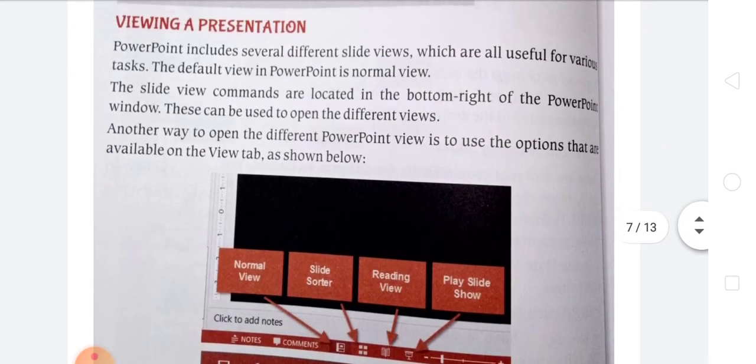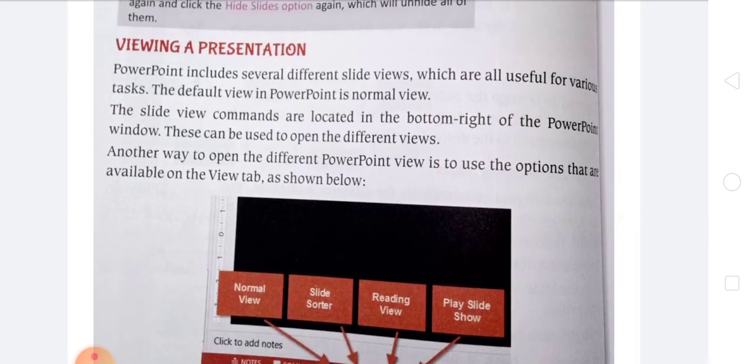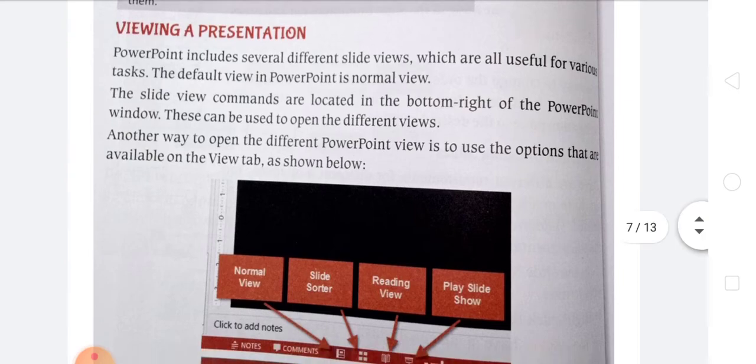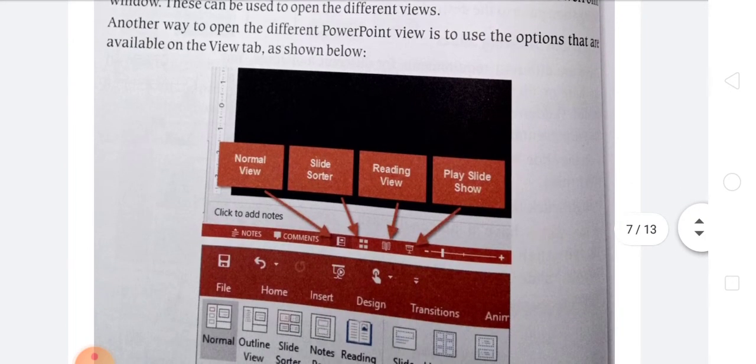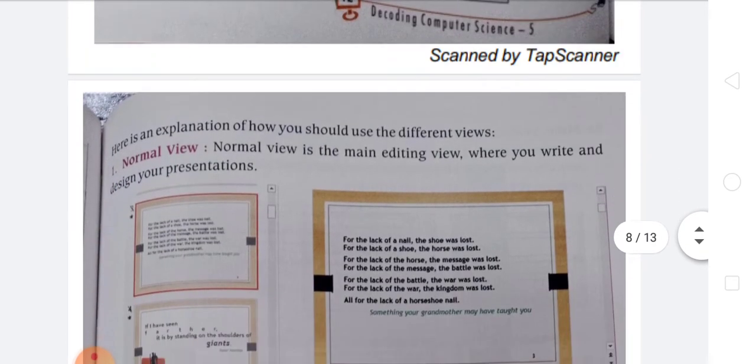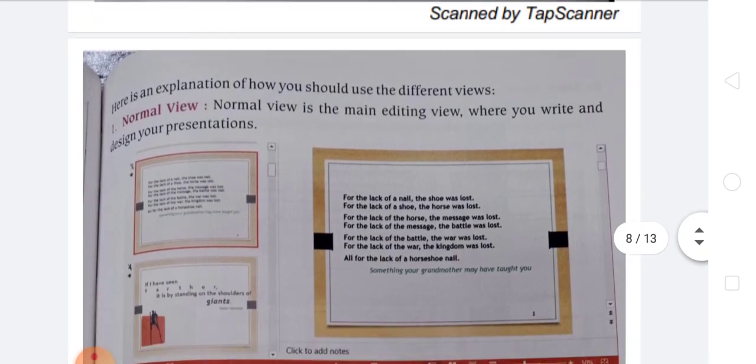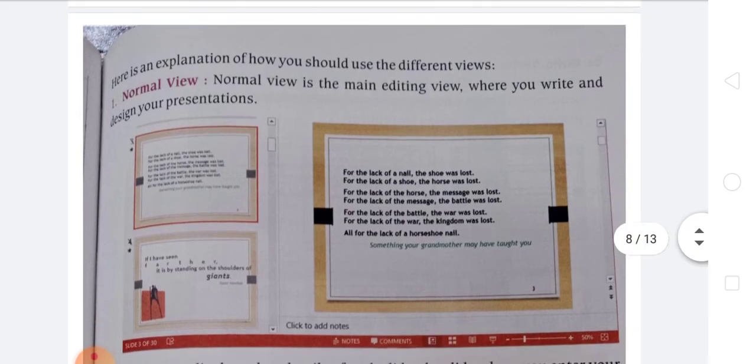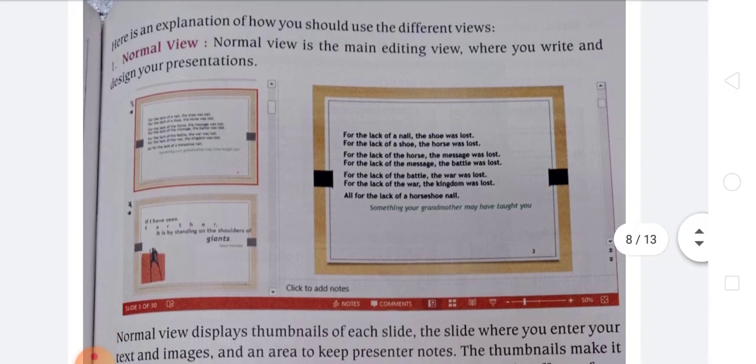Okay, then viewing a presentation. There are four forms: normal view, slide sorter view, reading view, and play slide show. First of all, let's see how to show normal view of a slide. The normal view is the main editing view where you write and design your presentation. Okay, just like this.